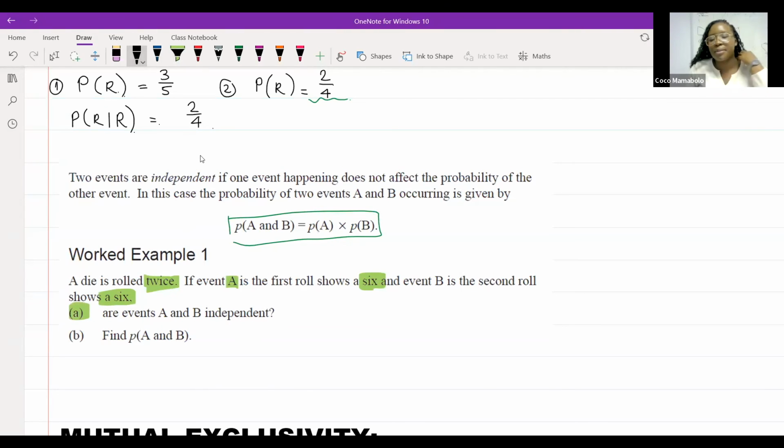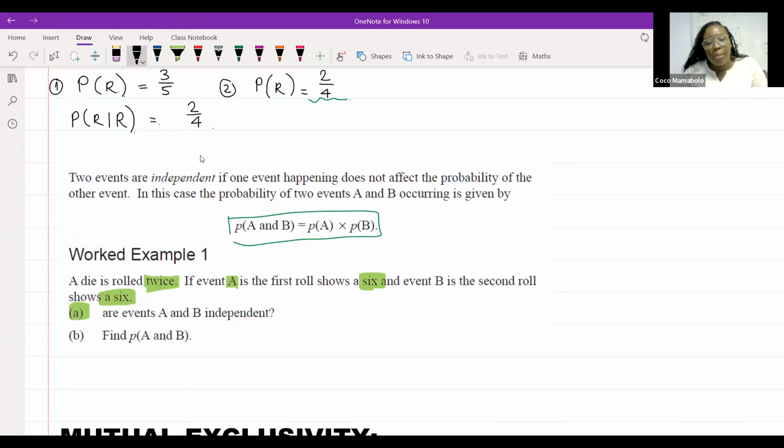Yes or no? Remember, it's a dice. If I throw a dice and I roll a 6, can I pick up the dice and roll a 6 again? Think about that, guys.